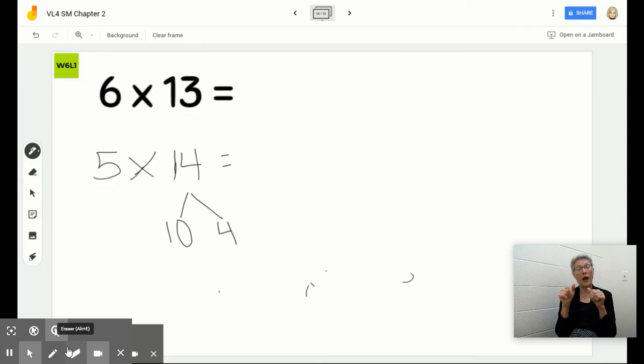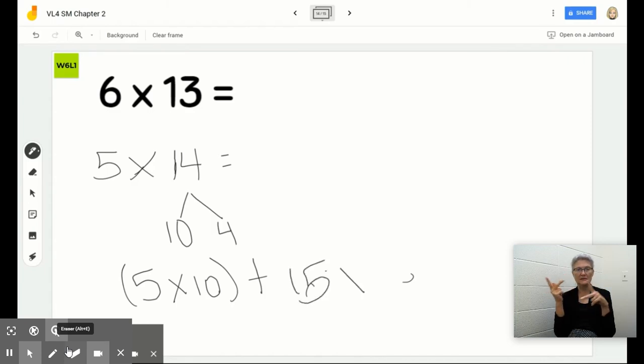So I can rewrite this as 5 times that group of 10 plus 5 times the 4 ones. We can't forget, we just showed it with a picture using those base 10 blocks. Now we're showing it without the picture.